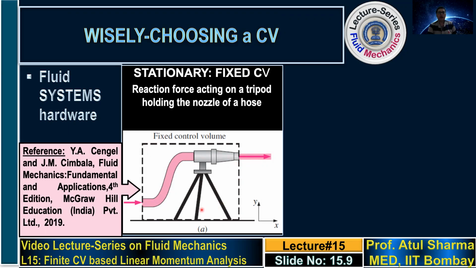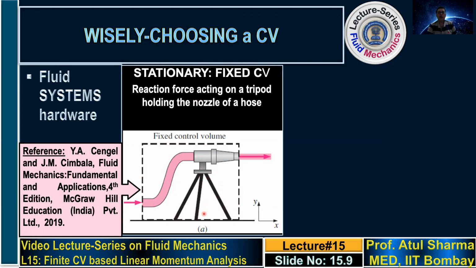In the next slide I will show you two types of control volume, and then I'll discuss why we are taking this control volume. Here we take the control volume which crosses through the tripod, so there is a reaction force which acts on the tripod. We will use the expression which was presented in the previous slide.